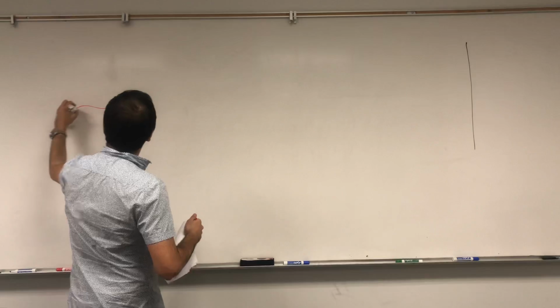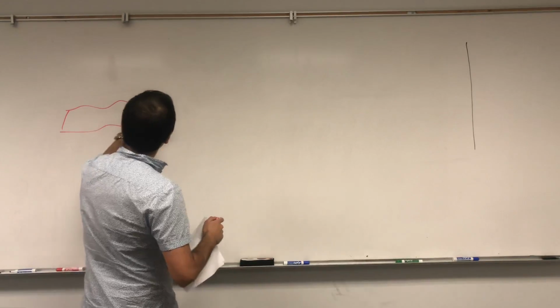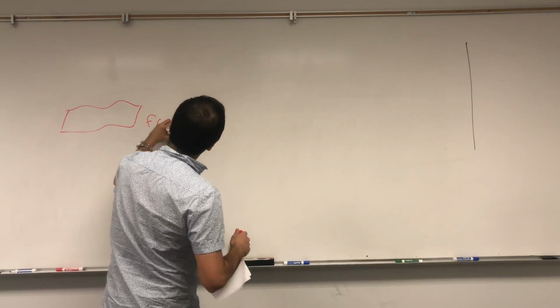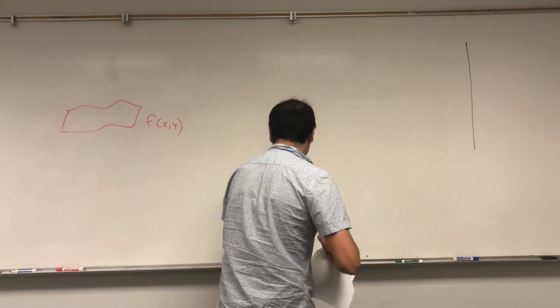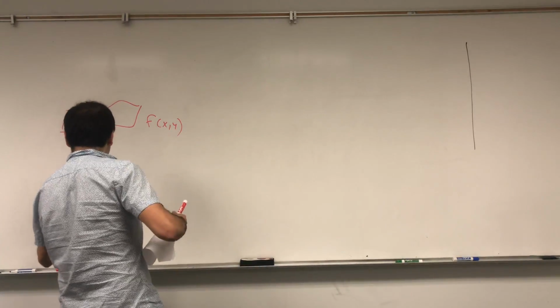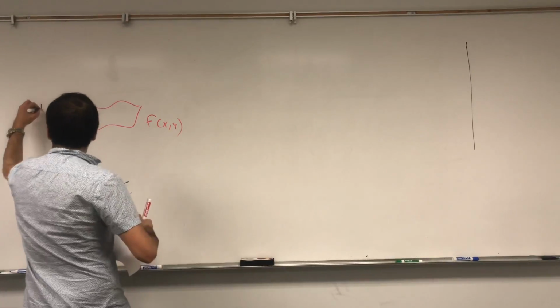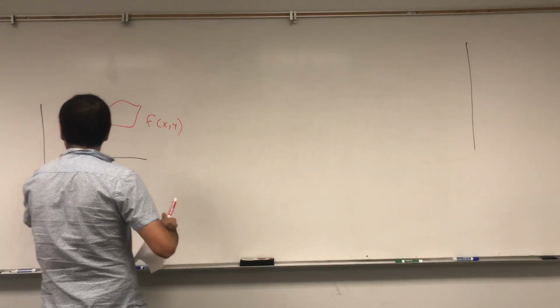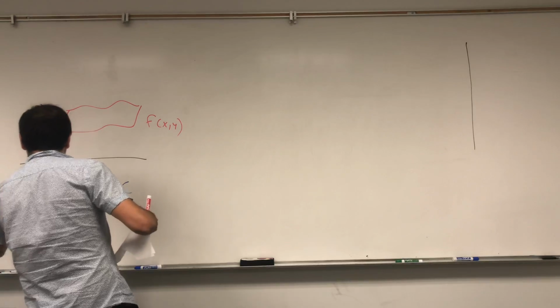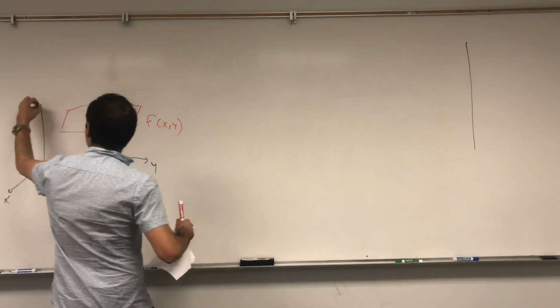So the setup is, again, we have some surface, f of x comma y, and some curve C. And again, C is in the xy plane, and f is in xyz space.